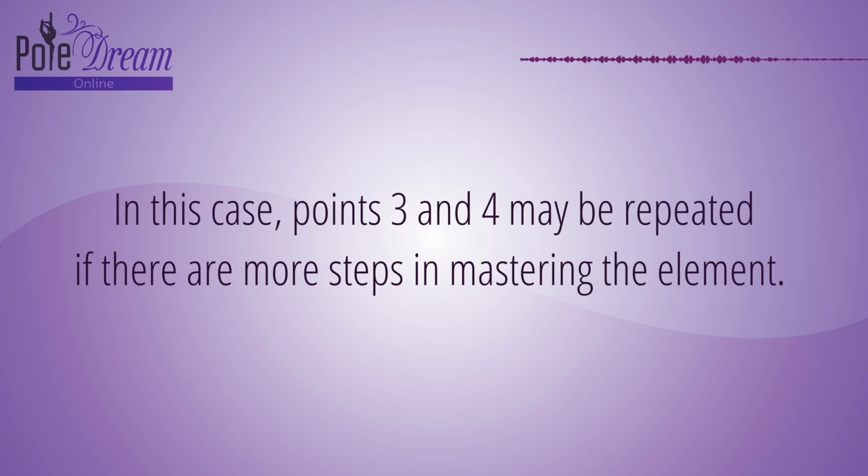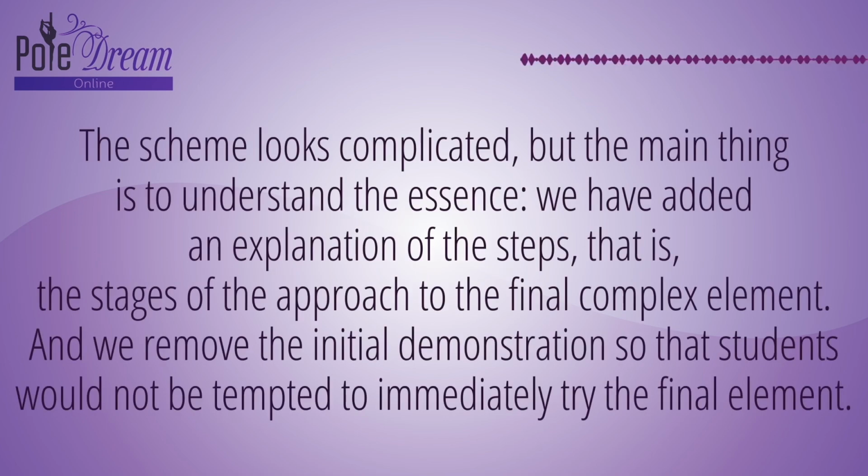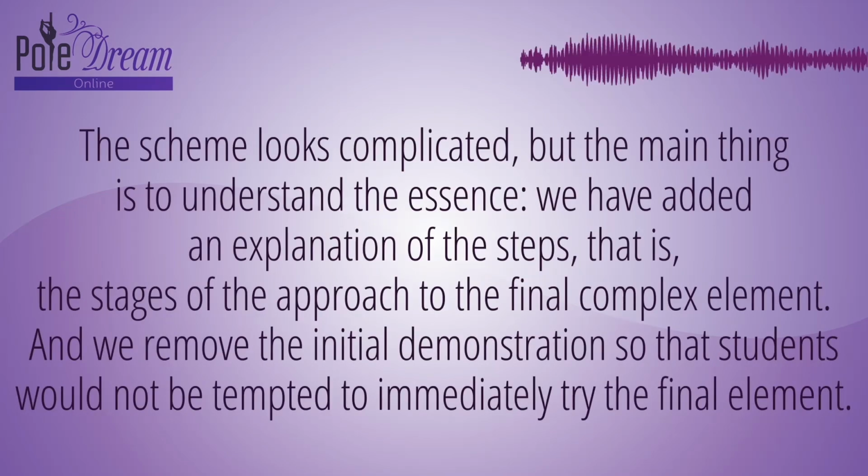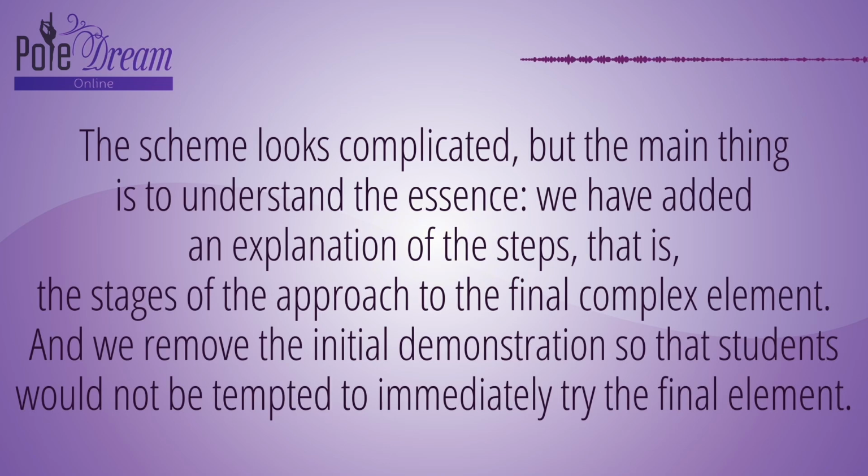Then you repeat points number 3 and number 4 as many times as you need, so you go to the explanation of the final element step by step. And this scheme looks complicated because we explain a complex or more dangerous move. But the main thing you should understand is the essence.